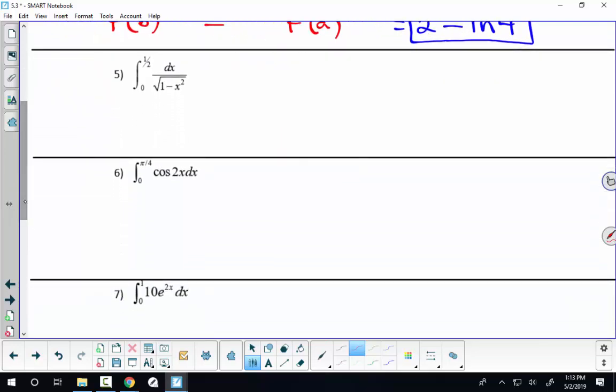Okay, how about example 5? The primary thing here is being able to find the antiderivative of these functions. So what's the antiderivative of 1 over the square root of 1 minus x squared? Sine inverse x. Okay, good. This is inverse sine.